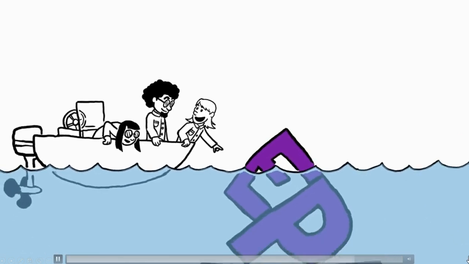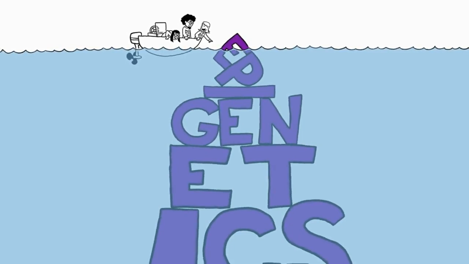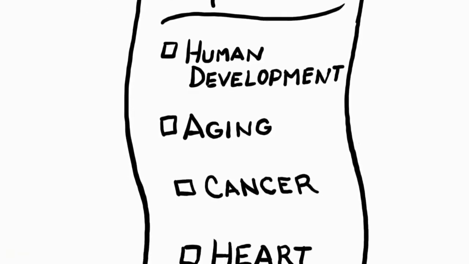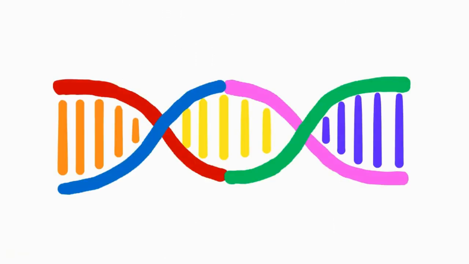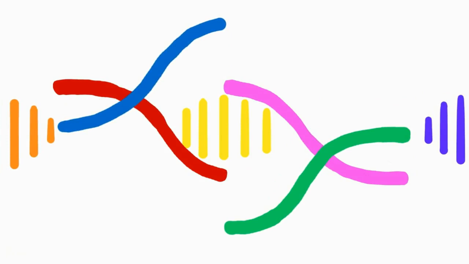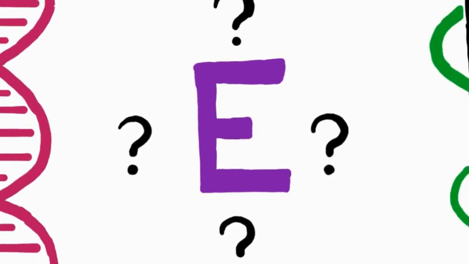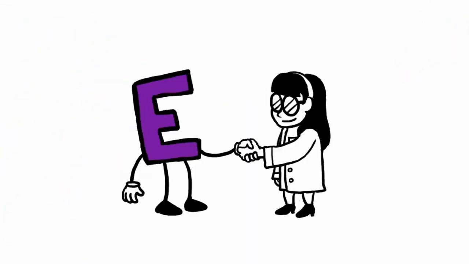Scientists are just beginning to understand how epigenetics could explain mechanisms of human development and aging, as well as the origins of cancer, heart disease, mental illness, addiction, and many other conditions. Meanwhile, new genome editing techniques are making it much easier to identify which epigenetic changes really matter for health and disease. Once we understand how our epigenome influences us, we might be able to influence it too.